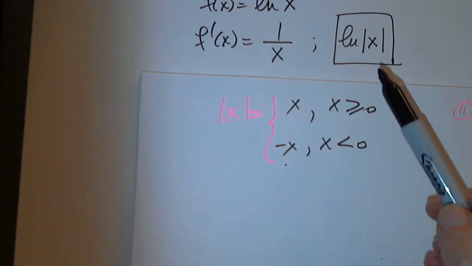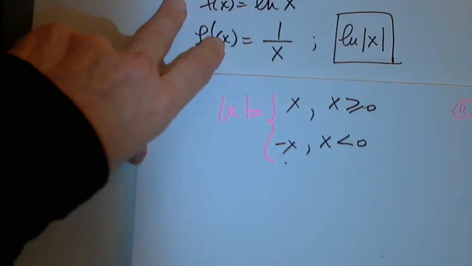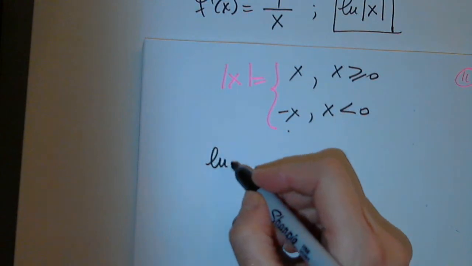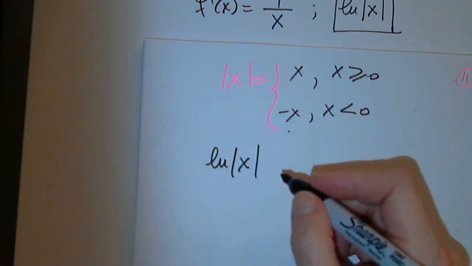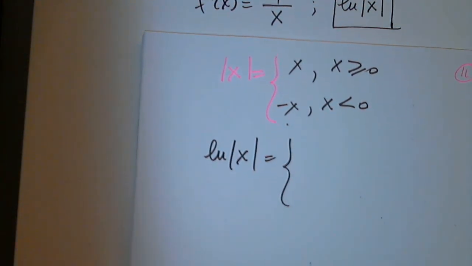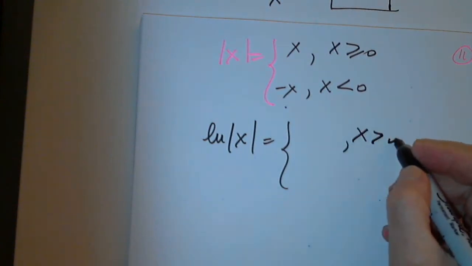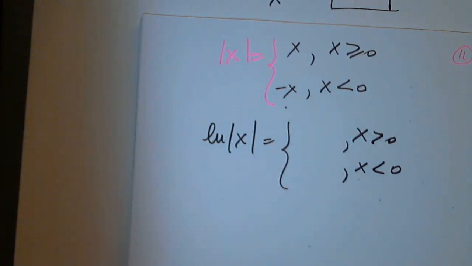However, as you know, I cannot plug in 0 in natural log. So I still have two options for natural log of the absolute value, but only when x is strictly greater than 0 and x is strictly less than 0. I cannot put 0 in there. Natural log has a vertical asymptote at 0.